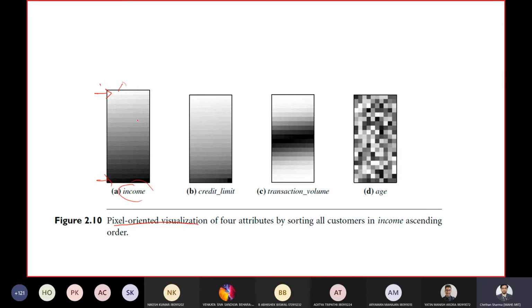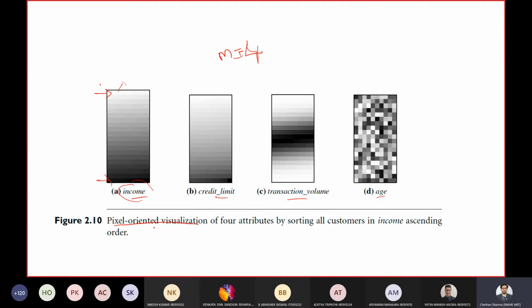So the lighter the shading, the lesser the value of that particular attribute. For a data set with m dimensions, as far as this particular figure on your screen, m is 4: income, credit limit, transaction volume, and age.